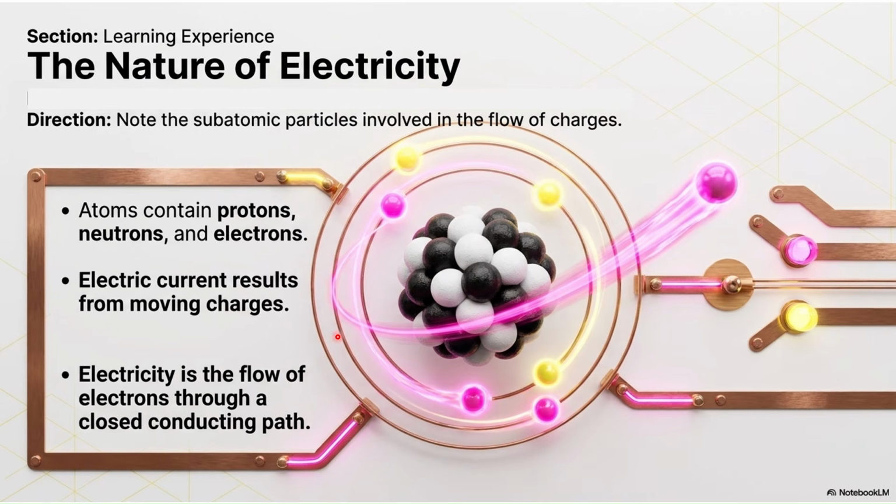Electricity is the flow of electrons through a closed conducting path. So, it means electricity is the energy produced by the movement of tiny invisible particles called electrons. Everything in our world is made up of atoms, and these atoms contain even smaller parts: protons, which have a positive charge, and electrons, which have a negative charge.